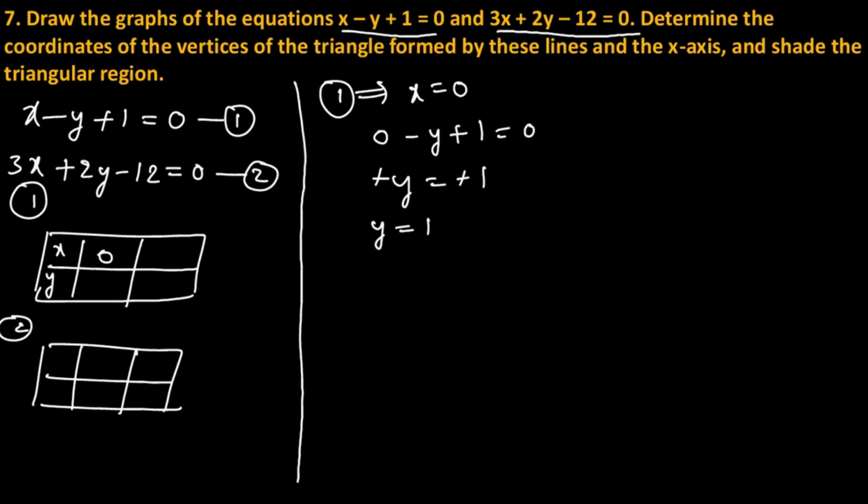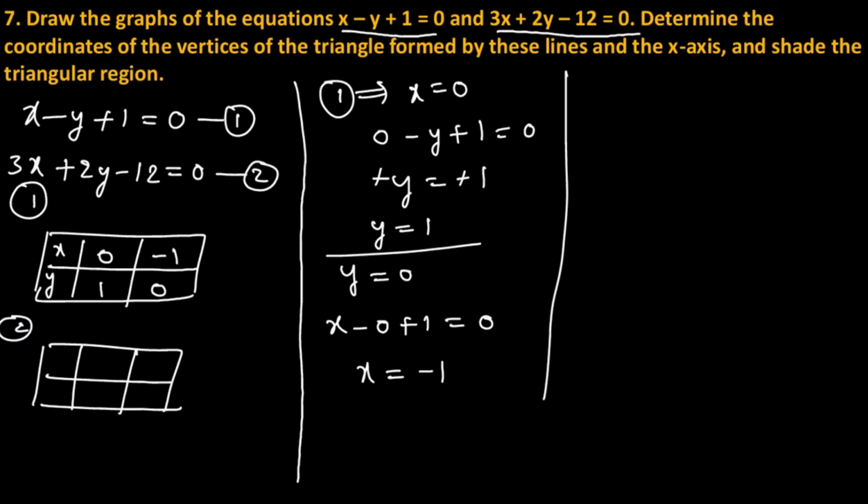When x is equal to 0, y will be 1. If I assume y is equal to 0, then what will be the x? You just substitute the value of y in the place of y in the first equation. X minus 0 plus 1 is equal to 0. So x is equal to minus 1. When y is equal to 0, x will be minus 1.